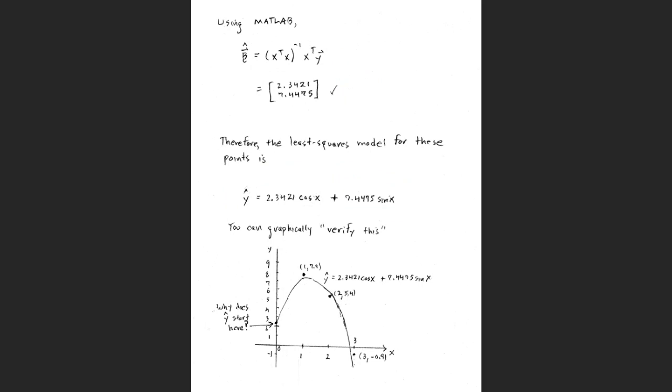This is why, remember I mentioned at the beginning of the semester, I don't want you to use hats for vector symbols? That's because hats stand for least squares estimates.